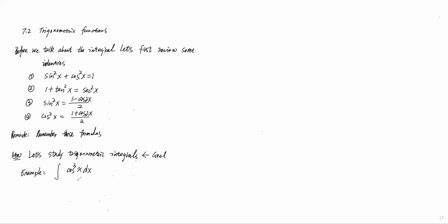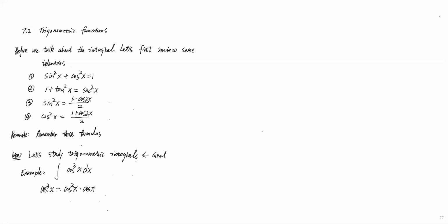Okay, so here, how do we do this problem? We will use the identities we reviewed today. It's a common trick. First, we rewrite this term as cosine squared x times cosine x.